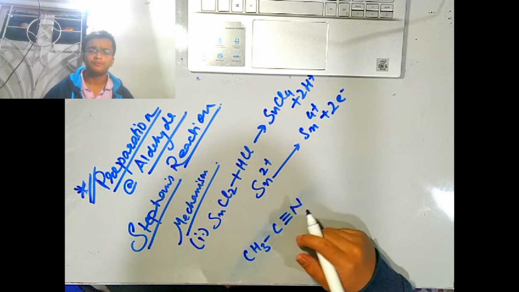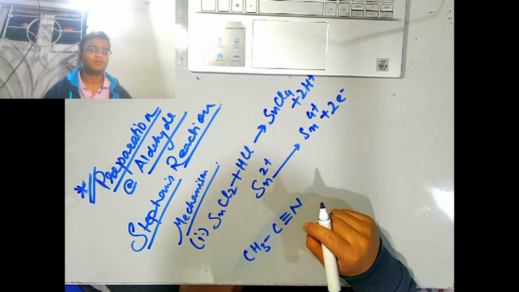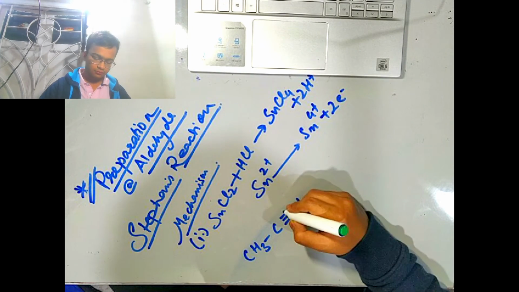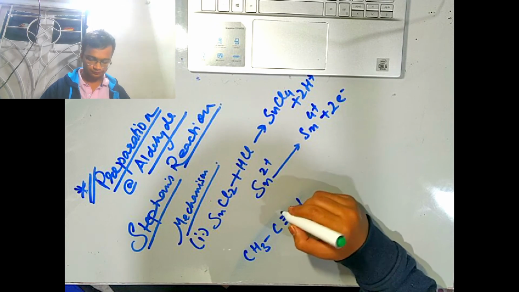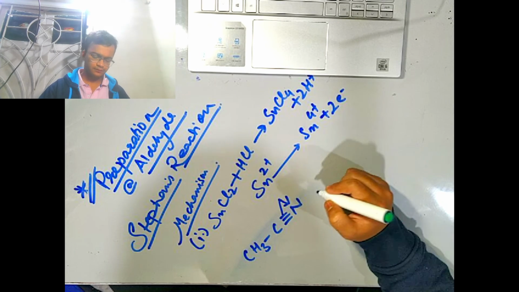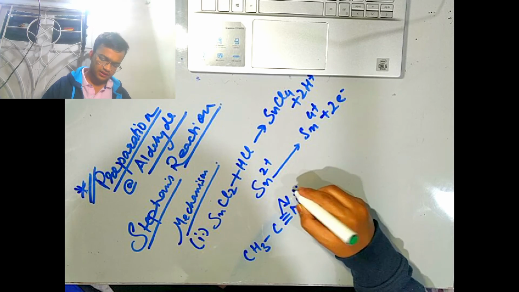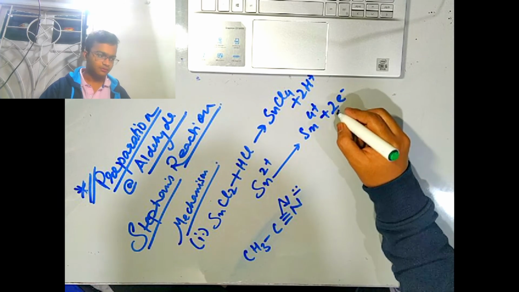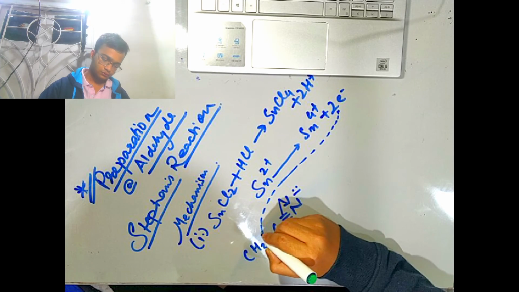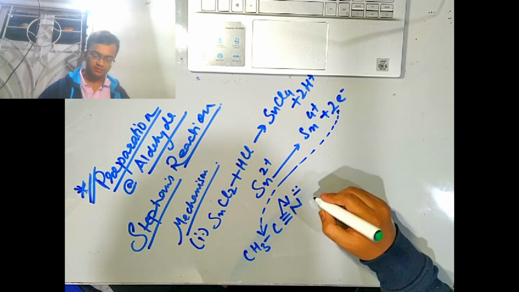Now this is a pi bond, right? We know the pi bond can be opened, meaning the electrons move around. So this bond will open. This electron will shift towards this side, so this will get a negative charge. This electron gets shifted here.